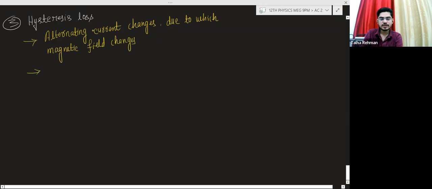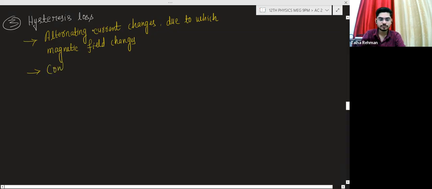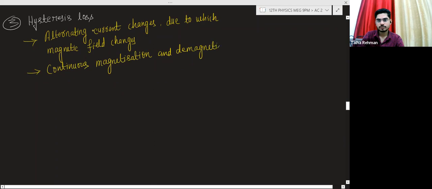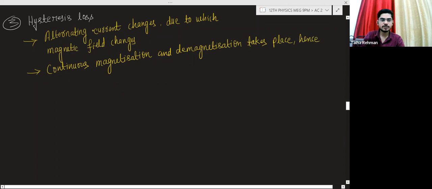So there is continuous magnetization and demagnetization, hence energy losses.